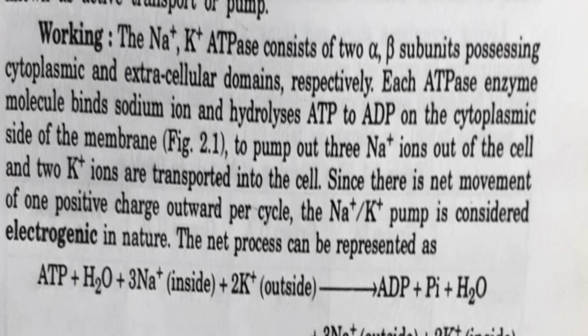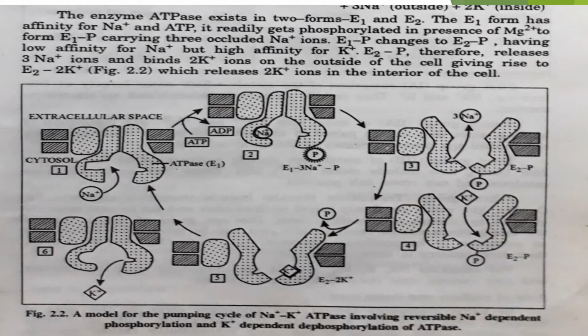Here you see the next figure. It hydrolyzes the ATP to ADP on the cytoplasmic side of the membrane to pump out 3 sodium ions out of the cell and 2 potassium ions are transported into the cell.